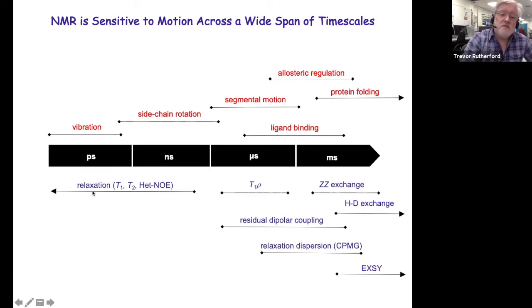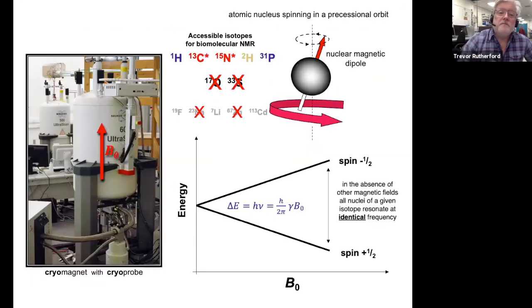And suitably, we have a whole plethora of different NMR techniques that we can use to probe the motions on the different timescales. And what Jane will go into later in this week is some examples of where we can apply some of those. We don't need to go into the details of how all of these work today in the introduction.